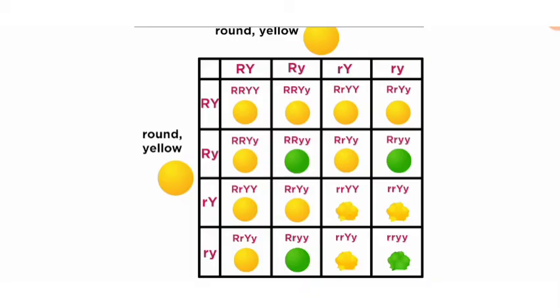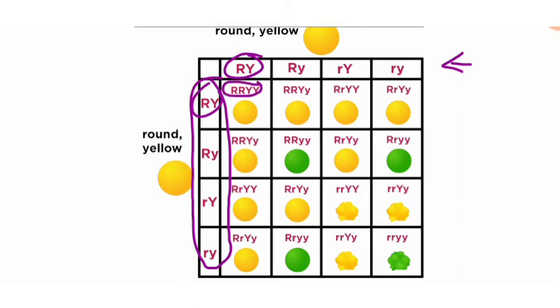As you can see, we need to put the gametes for the male parent on top, and the alleles on this side represent the female parent. So when you start crossing RY and RY, it's going to give you this genotype. If you do the same for the next one, it's going to give you that.